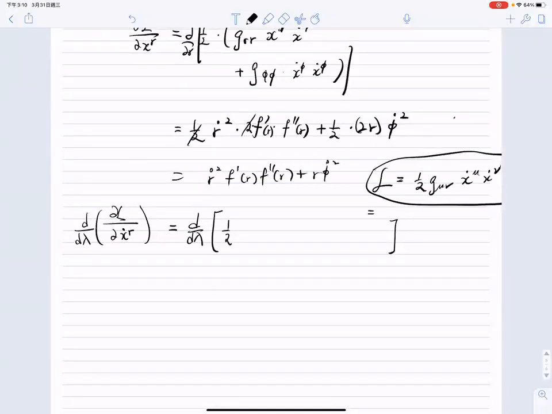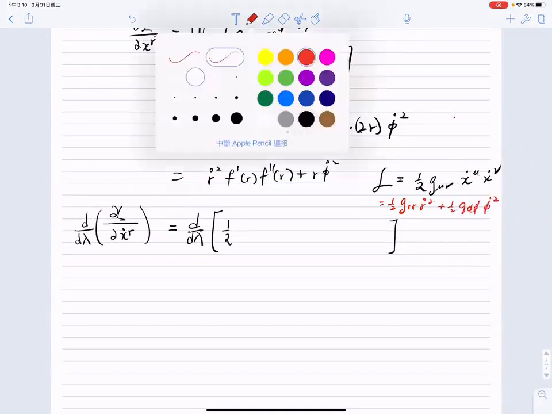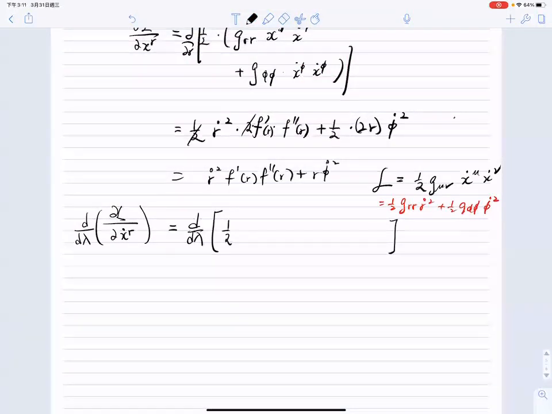The Lagrangian, as we expand it, I use red pen, would be r dot squared plus r squared phi dot squared, right? And then this guy, the first term, would be times 2 r dot.